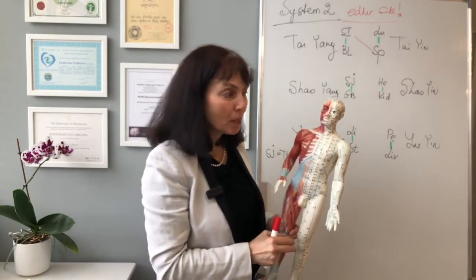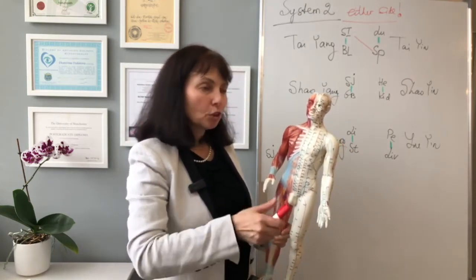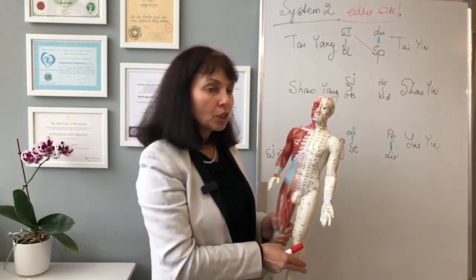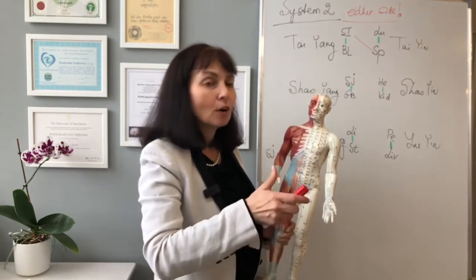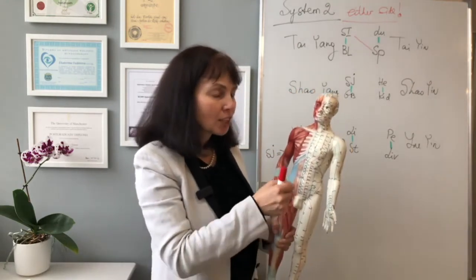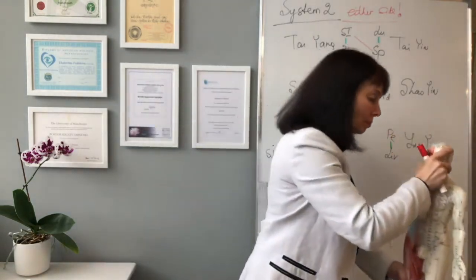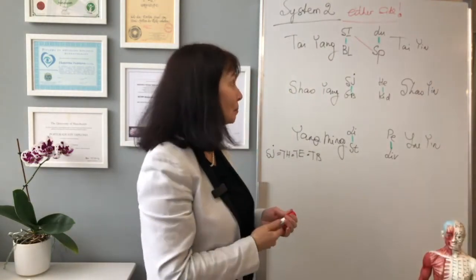How do we choose the best side? More painful. So we palpate right and left and see which leg responds better. So we palpate for ashi points and see which ashi points are more painful, more responsive. Is that clear? Beautiful.